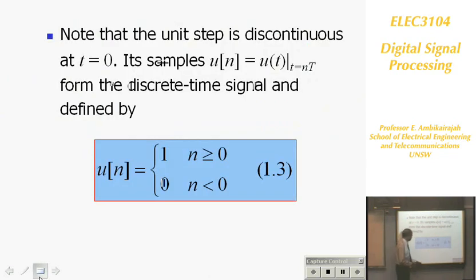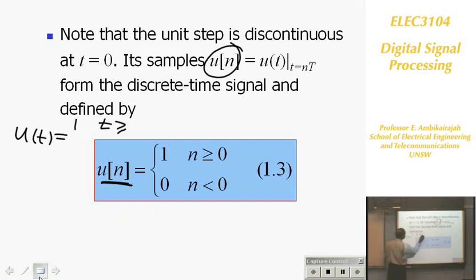And the same thing, if you convert it into discrete, u(t), if you sample at t equal to n, you get u[n]. So u[n], your discrete step, is 1 when n is greater than or equal to 0, and 0 when n is less than 0. When you write u(t), it is 1 when t is greater than or equal to 0, 0 when t is less than 0, but u[n] is the discrete version of that, defined only at discrete values.